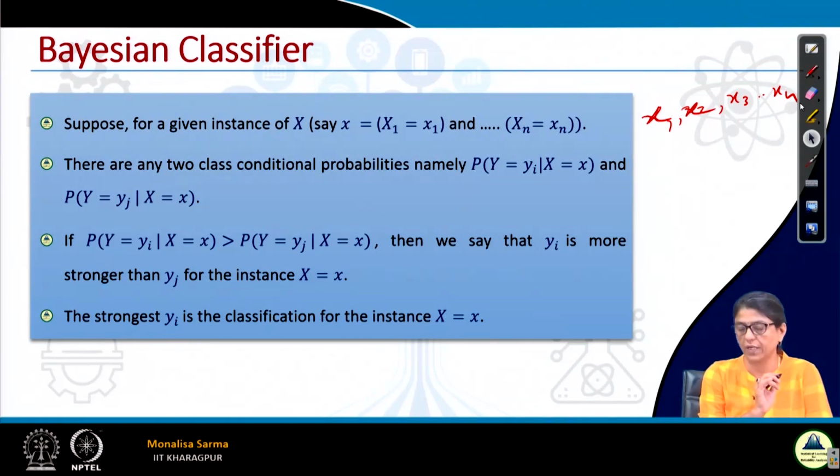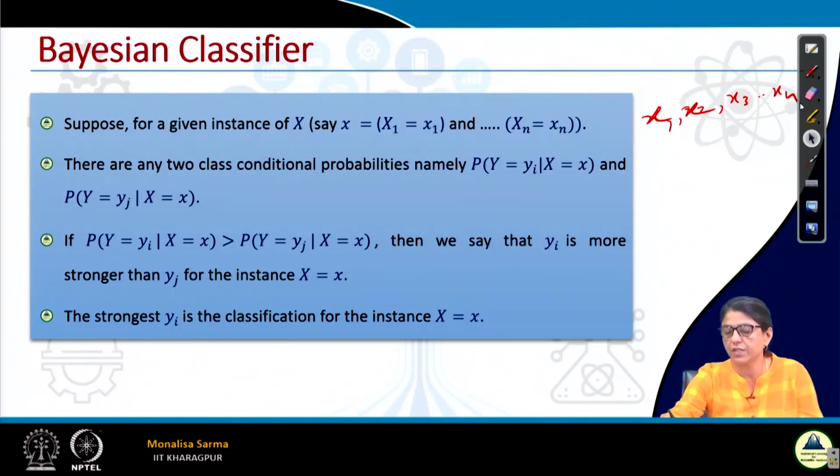Consider that there are just two classes, y1 and y2, and this set of observations we have to classify into these two classes, either y1 or y2. Suppose this is the given instance of x.